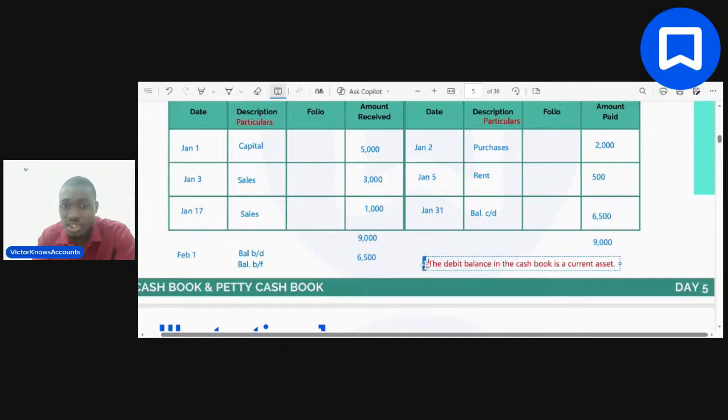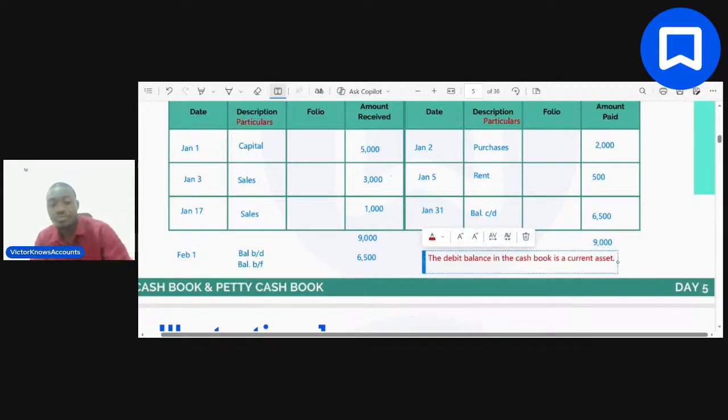And then it is only in one particular scenario where we can have that particular kind of balance, and that's when we have a bank overdraft.